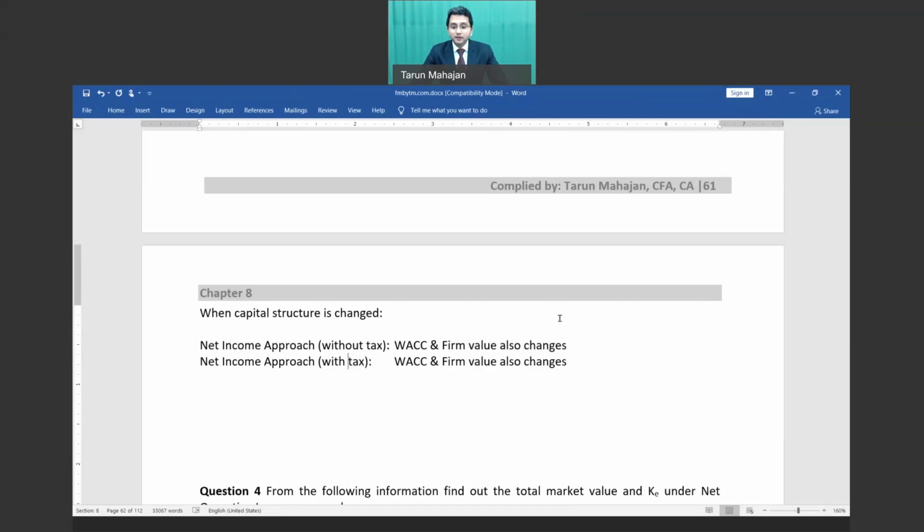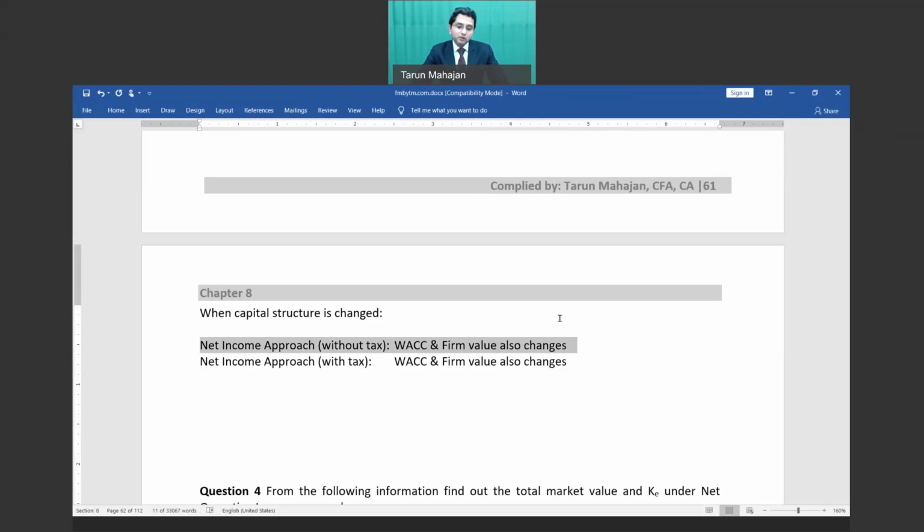Even after introducing income tax, what happens? Weighted average cost of capital reduces rapidly and firm value increases rapidly. What does it mean? After introducing tax, the net income approach works even better.